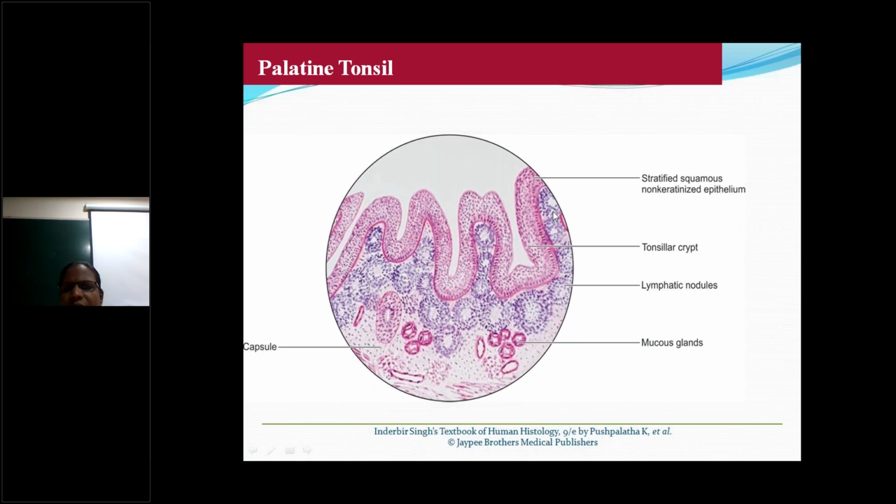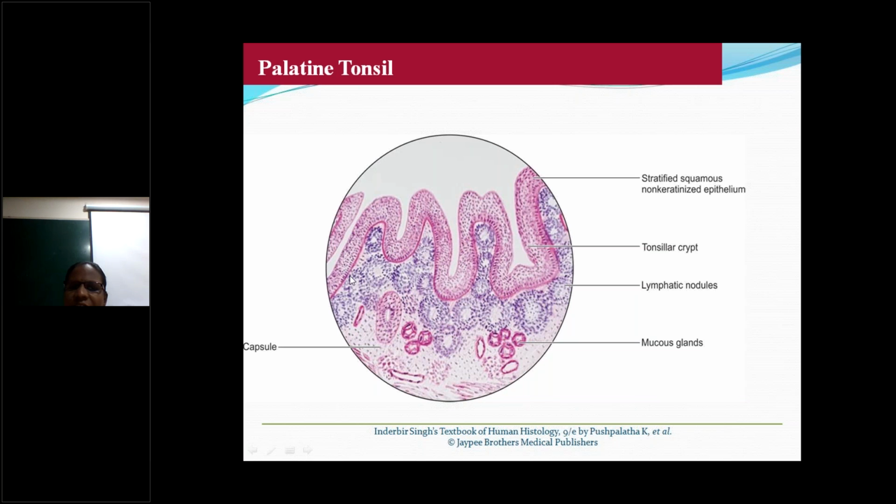Below the crypt, groups of mucous glands are present, and below the epithelium, a number of lymphatic nodules are present. In the tonsil, there is no cortex and medulla. Cortex and medulla are present only in the lymph node and thymus gland. The spleen has a capsule, red pulp, and white pulp. The tonsil has lining stratified squamous non-keratinized epithelium, tonsillar crypts, mucous glands below the crypt, and lymphatic nodules below the epithelium.